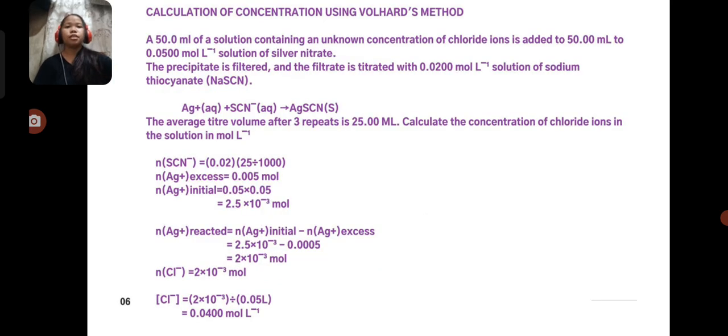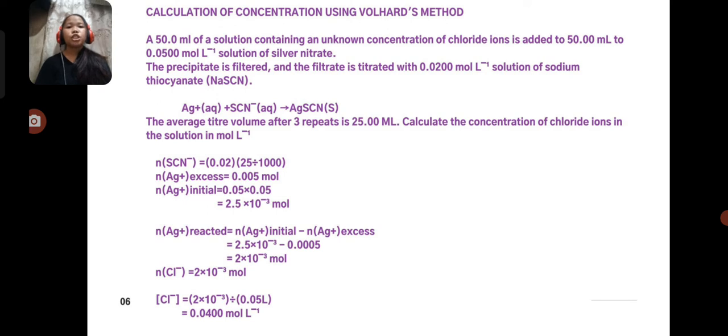Let's proceed. Here is the calculation of concentration using Volhard's method. What we are going to calculate is the concentration of chloride ions. A 50.0 mL solution containing an unknown concentration of chloride ions is added to 50 mL of a 0.0500 mole per liter solution of silver nitrate.